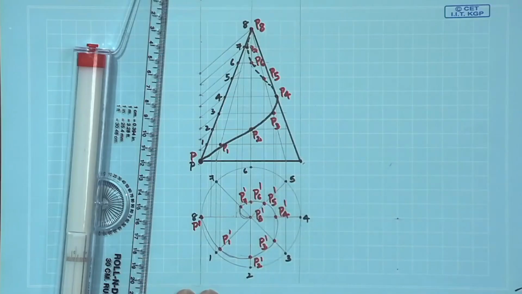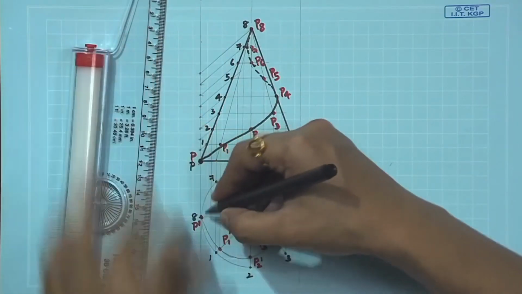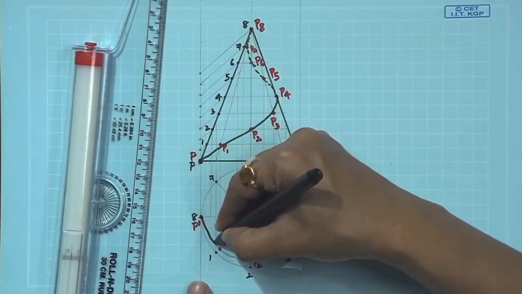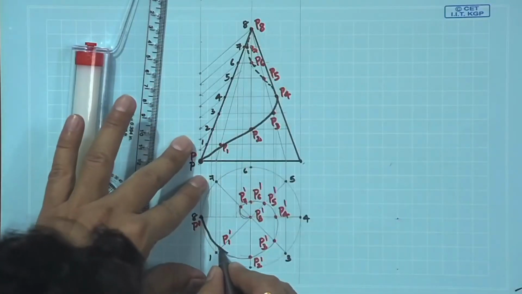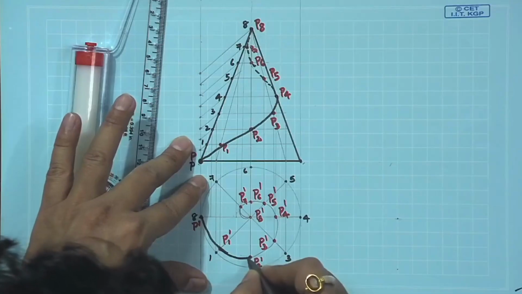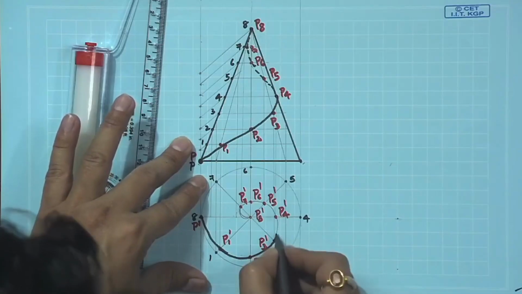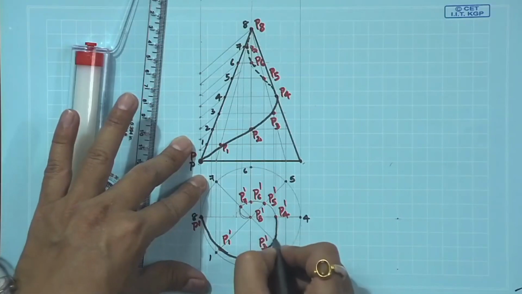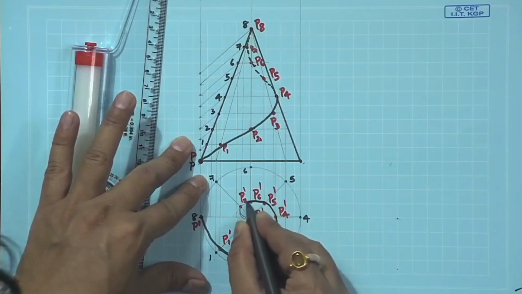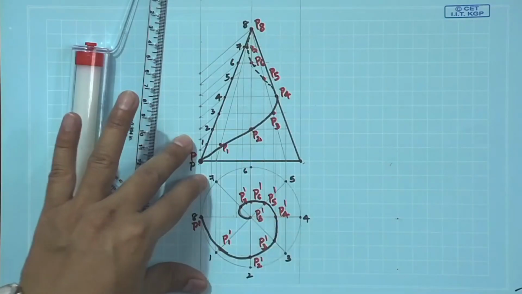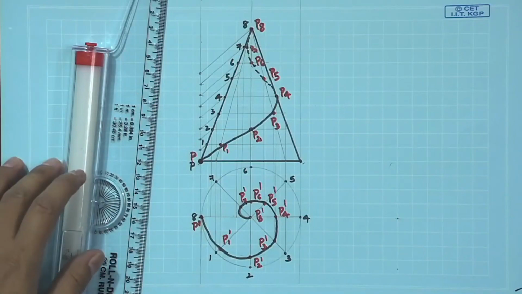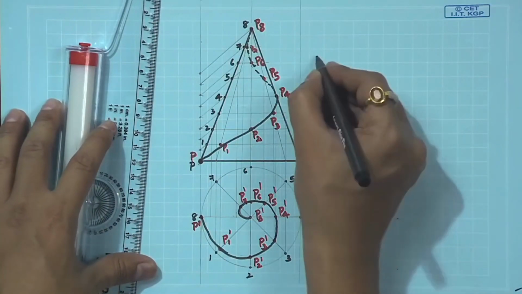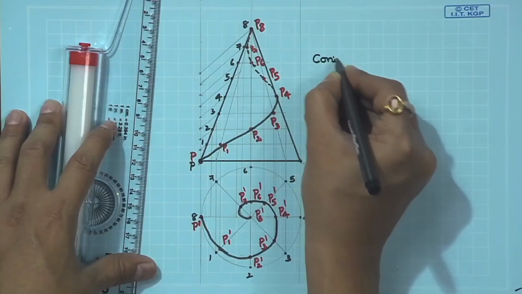Now, join this entirely by a continuous curve. To get a smooth curve, we can use French curves. So, this is what we call a conical helix.